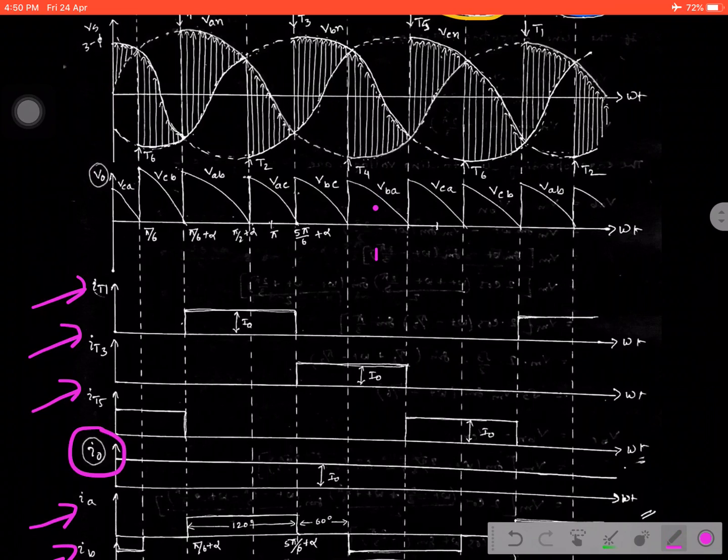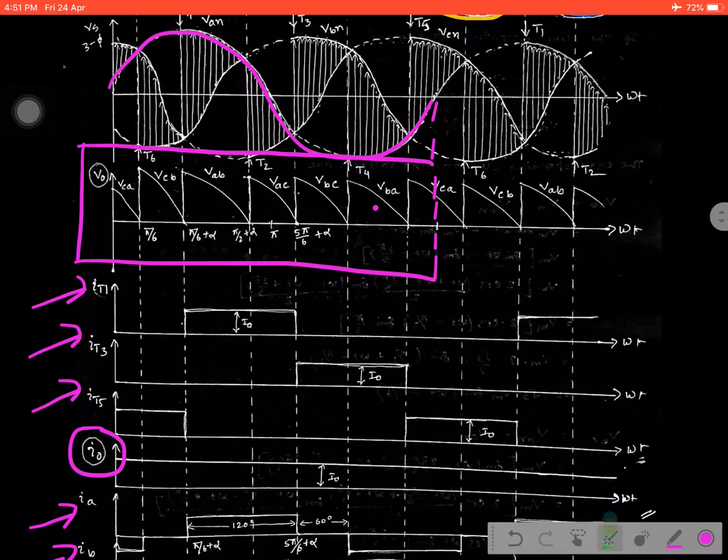A complete cycle, for phase A, starts from this point and goes to this point, which is 0 to 360 degrees. Now from 0 to 360 degrees, the number of peaks is 1, 2, 3, 4, 5, and this half which is called 6. That means the number of peaks for a complete cycle is 6.